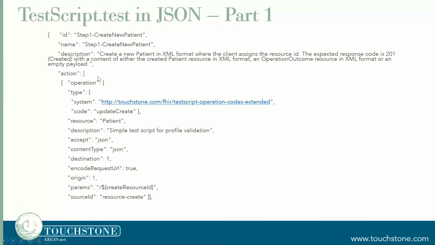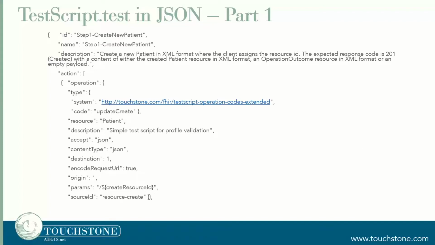It instantiates an action, instantiates an operation, gives it a type, has the entire code system for operation type, has that code, has the resource of patient, has to say accept and content type twice, like add that JSON twice, have all of this destination, origin, and code request URL that is probably going to be pretty static from operation to operation, but you still have to define those just in case they're a different value. And then you can finally give that params and source ID like we gave in separate lines in the shorthand.